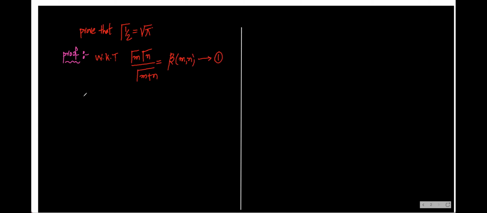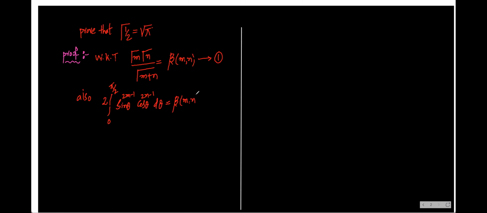Also, by the third property of beta function, what is the third property? 2 times of 0 to pi by 2 sin theta to the power of 2m minus 1 into cos theta to the power of 2n minus 1 into d theta is equal to beta of m comma n.